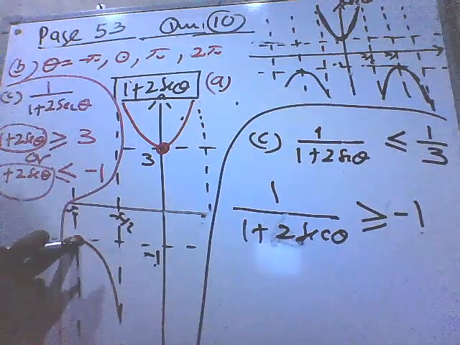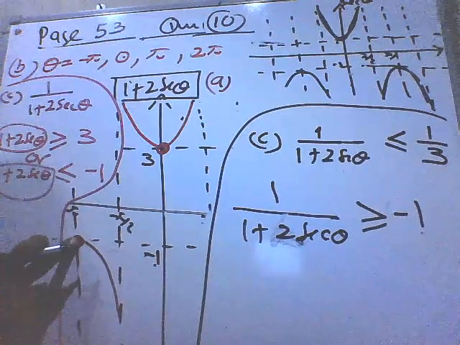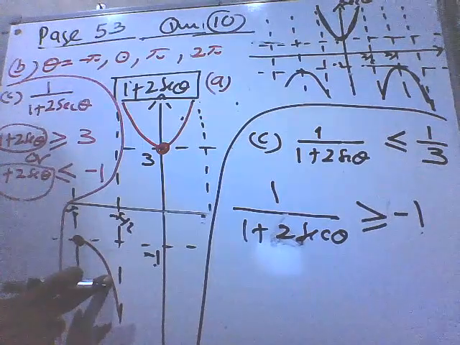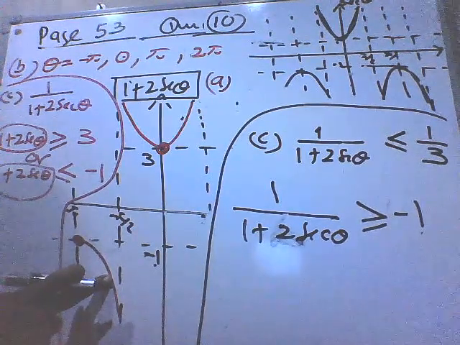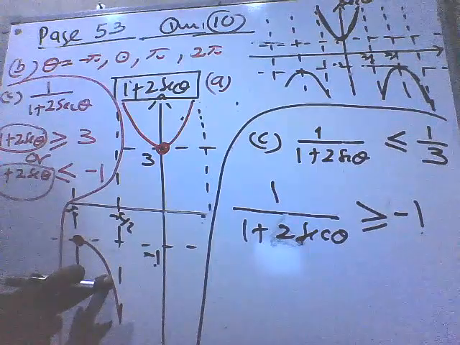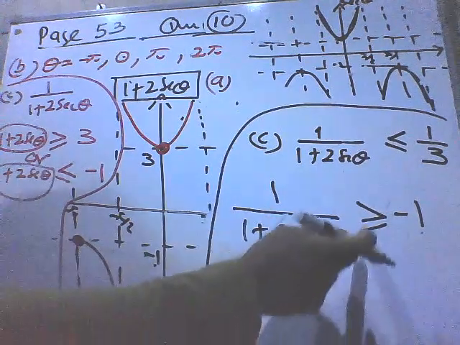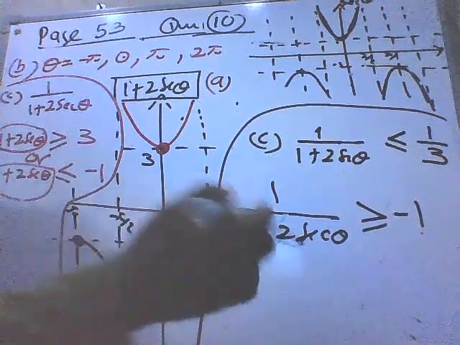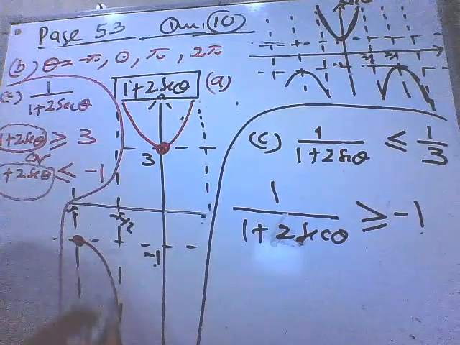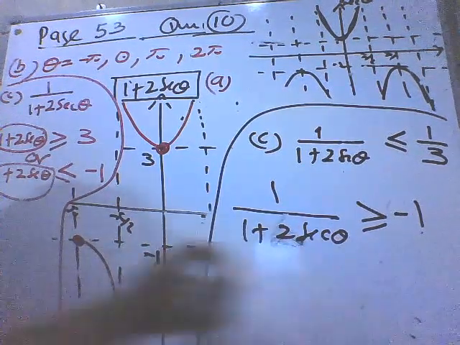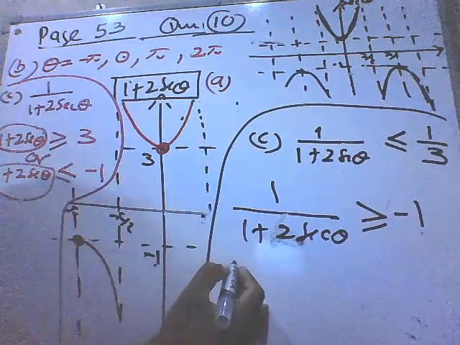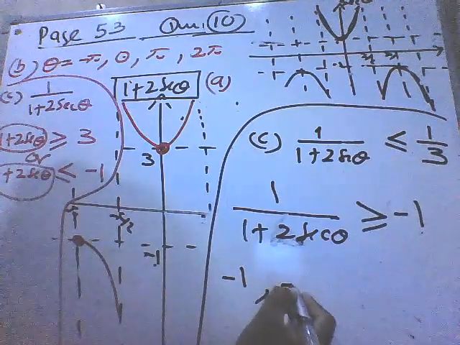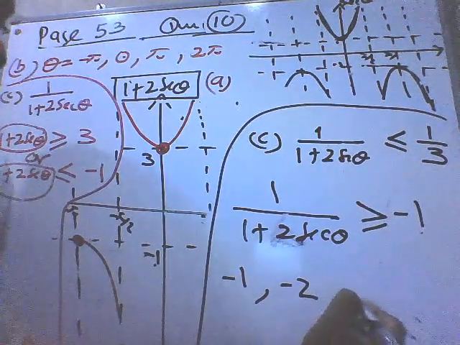So if it is minus 1 over minus 1, that is minus 1, and when it becomes minus 5, it is minus 1 over 5. If you take this one, it is going to be greater than minus 1. We'll check that again. Now if you take these values, 1 plus 2 sec theta is minus 1, and a little later it will be minus 2, and later minus 5, like that.